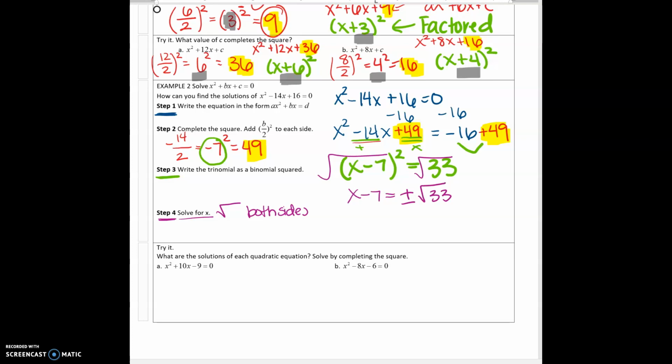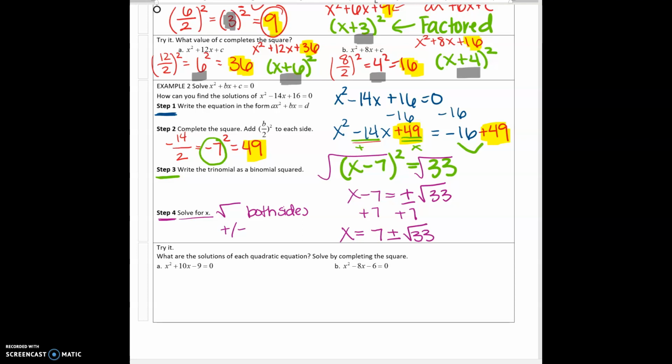And then we're going to add or subtract depending on what we have here to get x by itself. So here we have a minus 7, so we're going to add 7 on both sides. So now we have x equals 7 plus or minus the square root of 33.